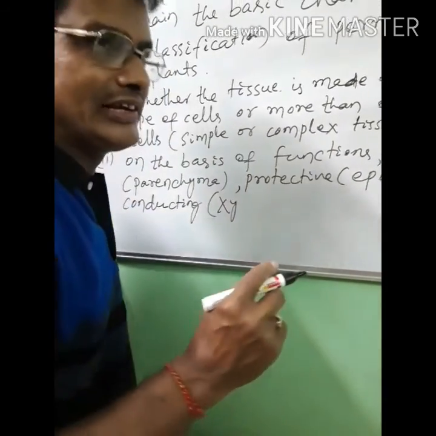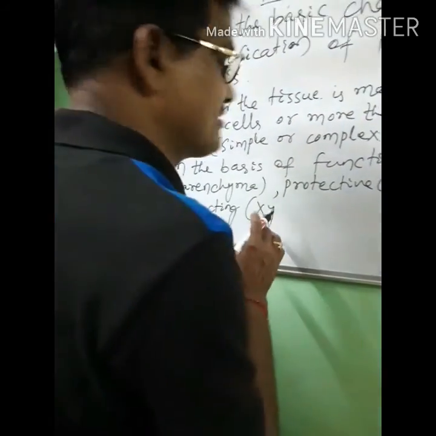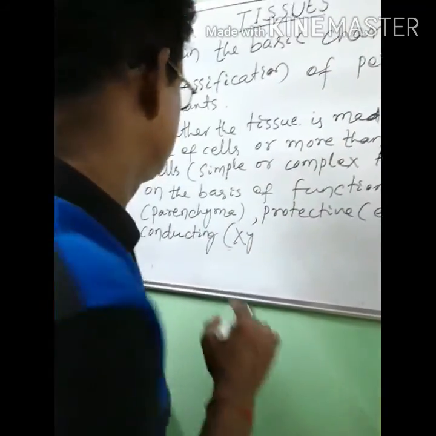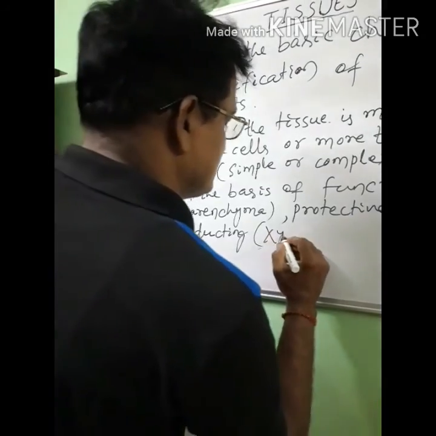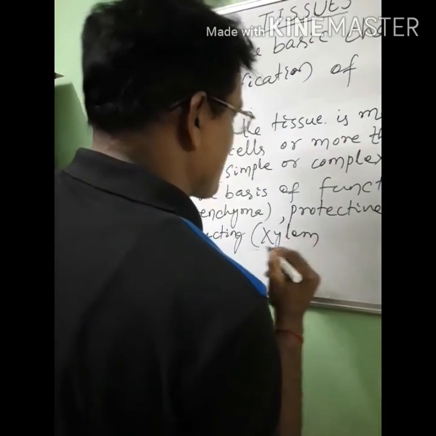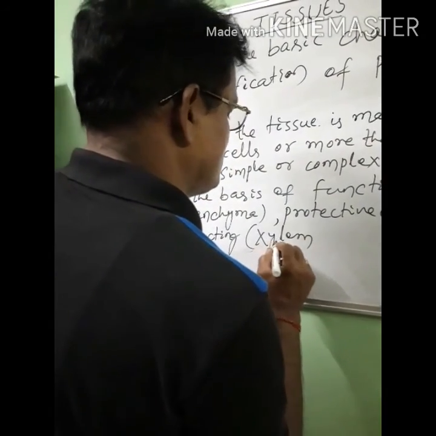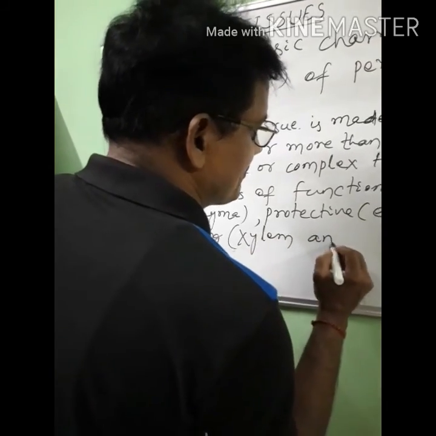Last class we have already discussed xylem and phloem. These are the vascular tissues, conductive. So conducting: xylem and phloem.